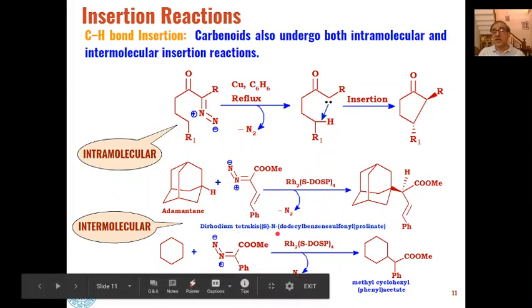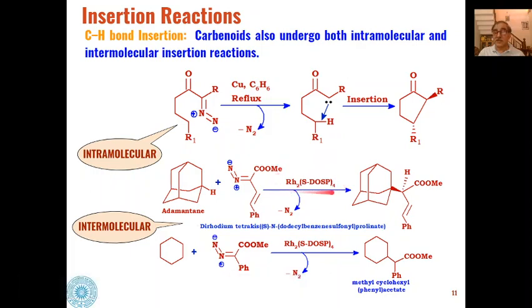Dirhodium tetrakis S-N-2-decyl benzene sulfonyl prolinate is used as the catalyst, and you can see that this is a chiral catalyst, and that is why the insertion is also enantioselective insertion, in this case we will get an enantioselective product.